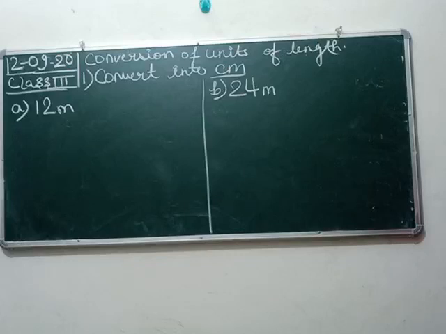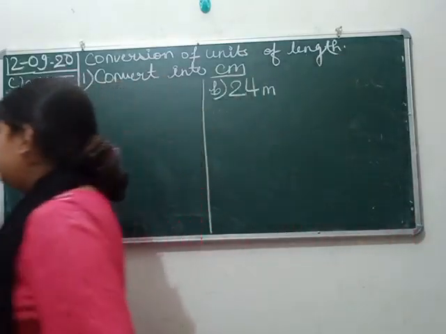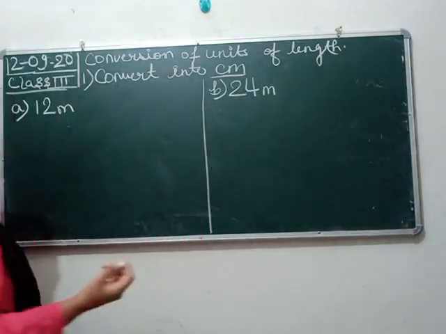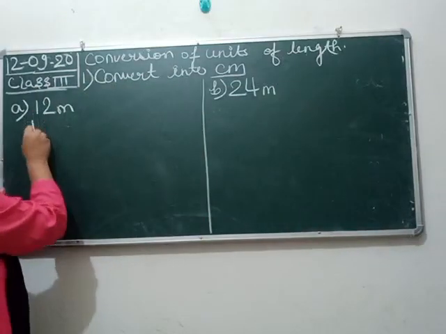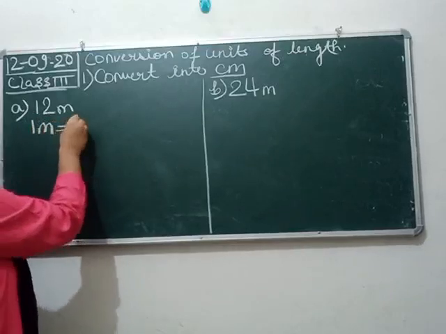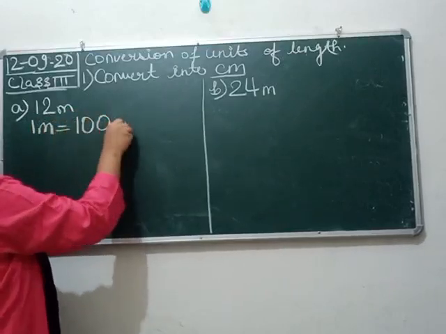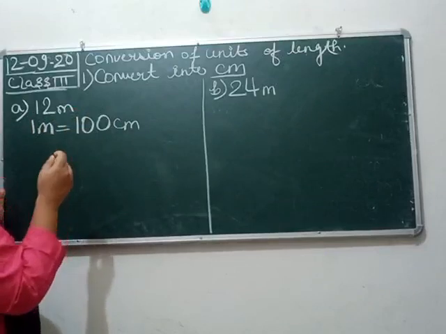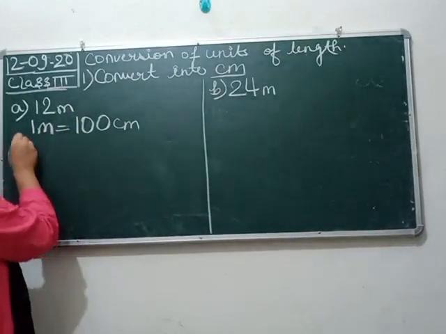Completed? Okay, now see. So 12 meter. First line will remain the same: 1 meter equals 100 centimeter.